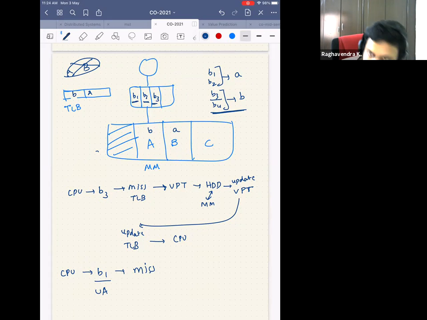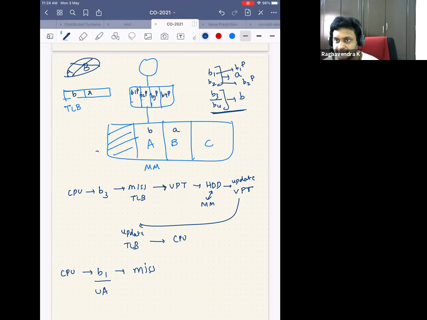It does not change anything that I discussed, but just not to confuse you, let's write it as B1 P, B2 P, B3 P, B4 P. B1 maps to B1 physical, B2 maps to B2 physical, and so on. But it's still the same, right? The idea is the same. Is it okay?